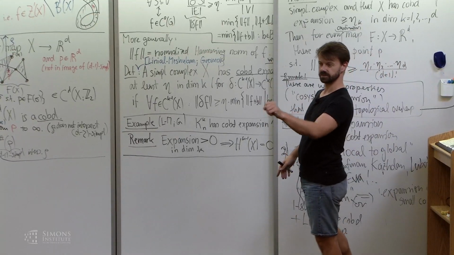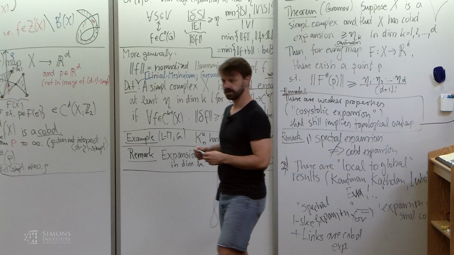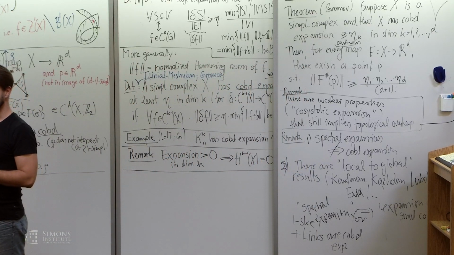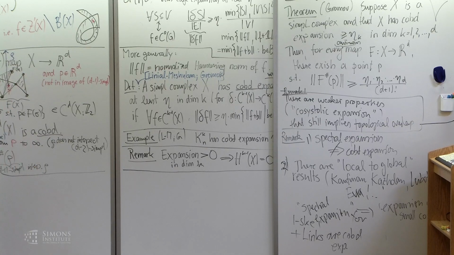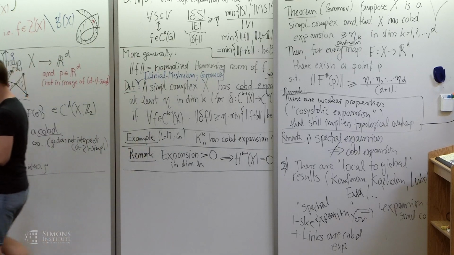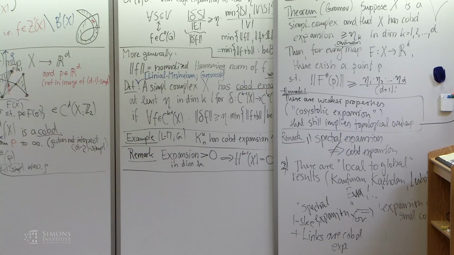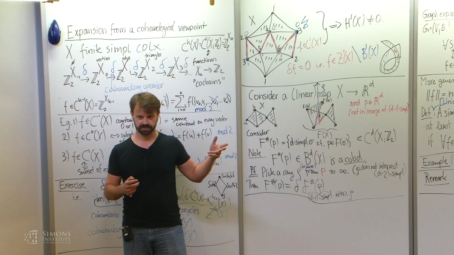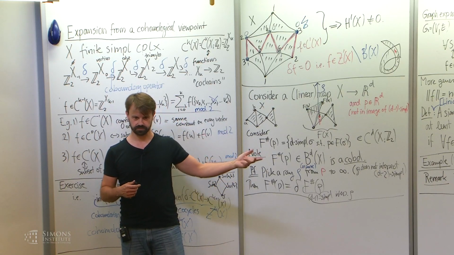There was another question by Yotam. Spectral expansion doesn't imply coboundary expansion. Can you say something about the other way around? Good question. I can't. It's maybe not so surprising, because in the graph case, the fact that spectral expansion implies edge expansion is essentially a triviality.